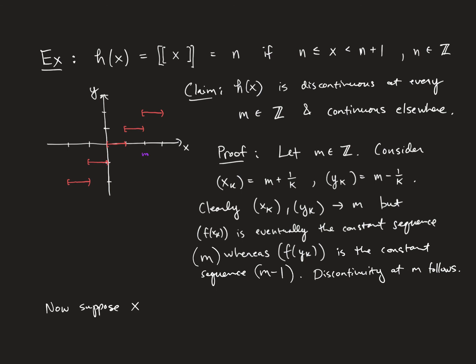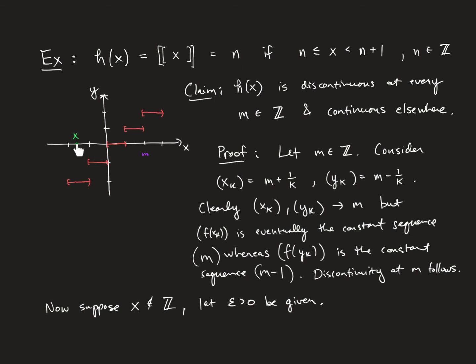that x is a non-integer point, so x is not in Z. And let epsilon greater than 0 be given. So now what we have is, you're going to have some x like there, and all we have to do, the output of our x is here on this red part.